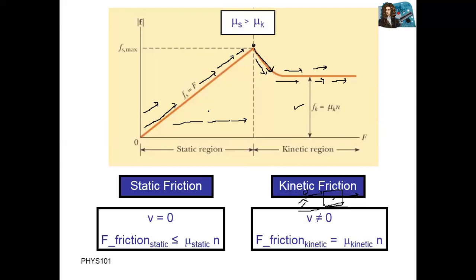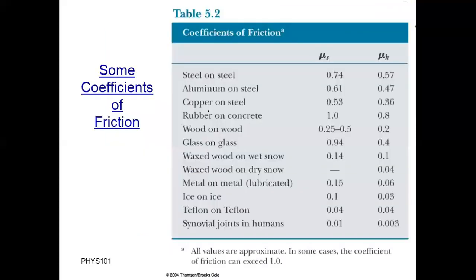Okay, static friction and kinetic friction. Different objects have different values. For example, you can see from this table that steel and steel, when two bodies, one is steel, the second one is also steel, their coefficient of static friction is 0.47. Kinetic friction is 0.57. Same for aluminum and steel, copper, rubber, wood and wood. You can see the ranges from these.